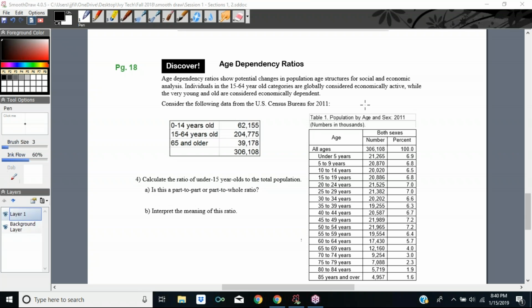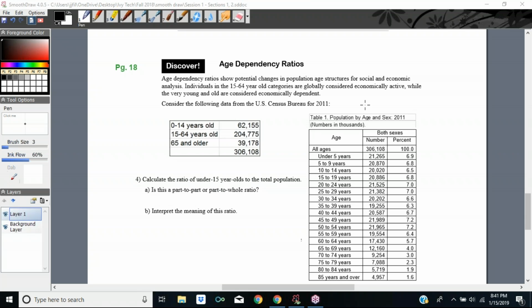So the child dependency ratio is children to the workers. The old age dependency ratio is the older people, 65 and older, to the workers. Those are part-to-part ratios. And then the age dependency ratio is the total of the children and the older people together compared to the working people.